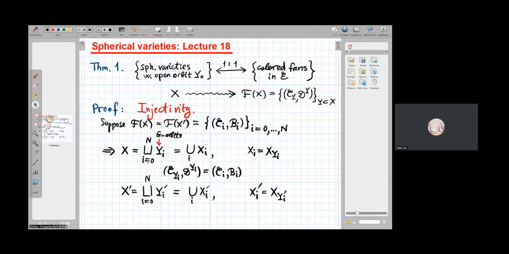So let me maybe add this here. Let me shift a little bit. So let me write first that the colored cone is the same for this orbit.